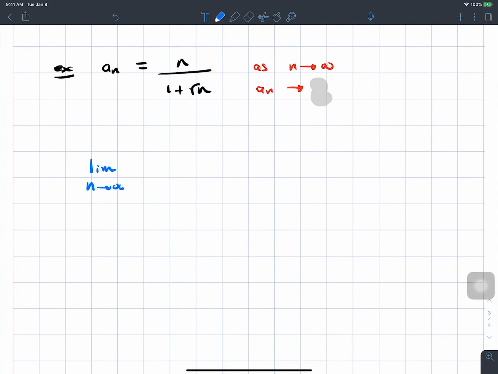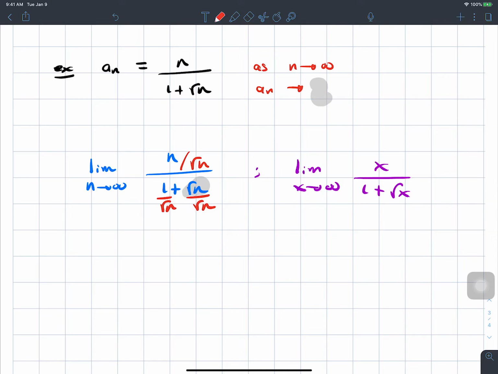The limit as n goes to infinity of n over 1 plus the square root of n. And like I said, you can think of calculus: the limit as x goes to infinity of x over 1 plus the square root of x. Again, you divide by the highest power of the variable in the denominator. In this case, it's the square root of n again. So we divide by the square root of n for every term.